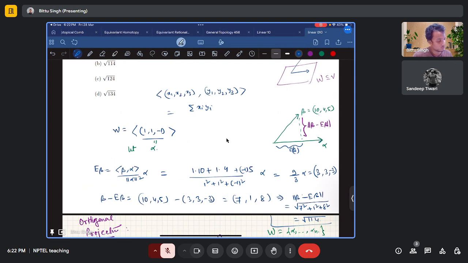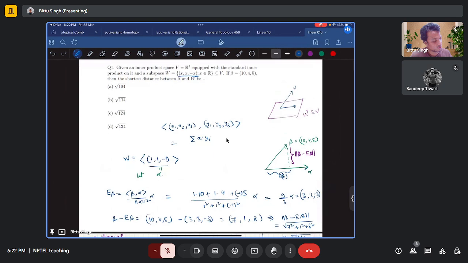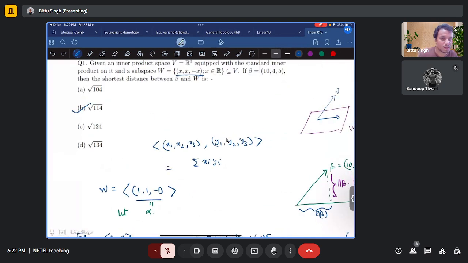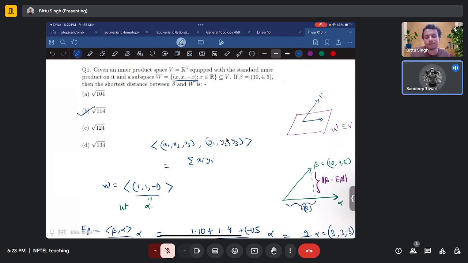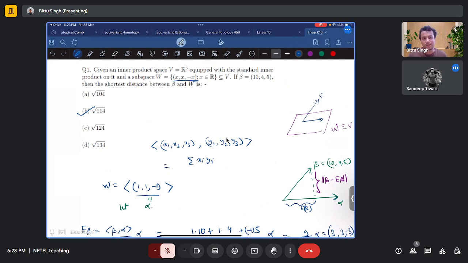So option P is the correct answer. Computing the projection of beta simply means that we are finding the projection on W along W perp. Yes, exactly.